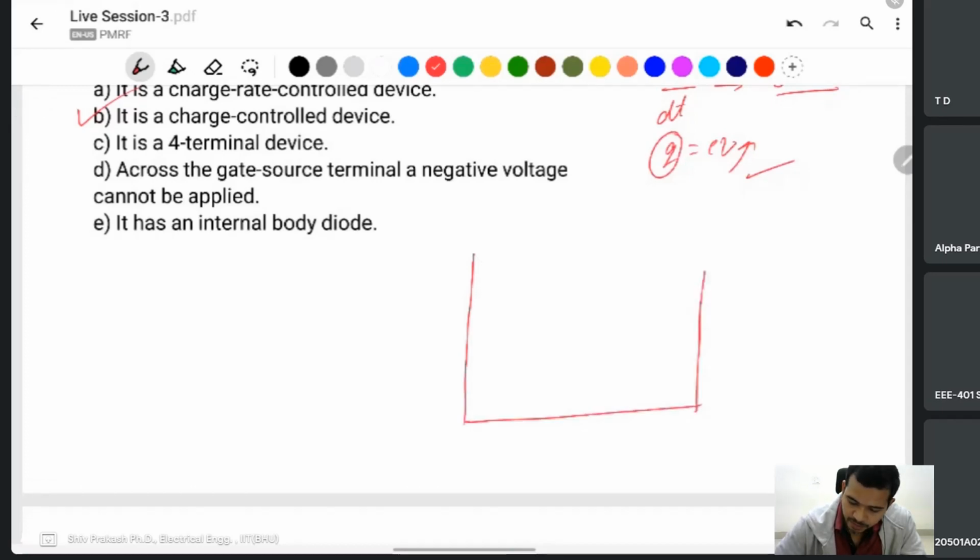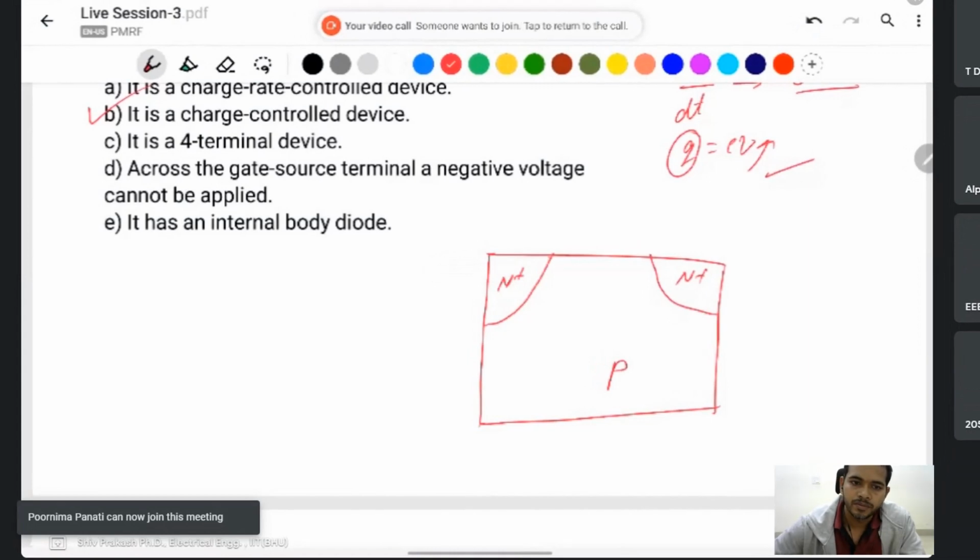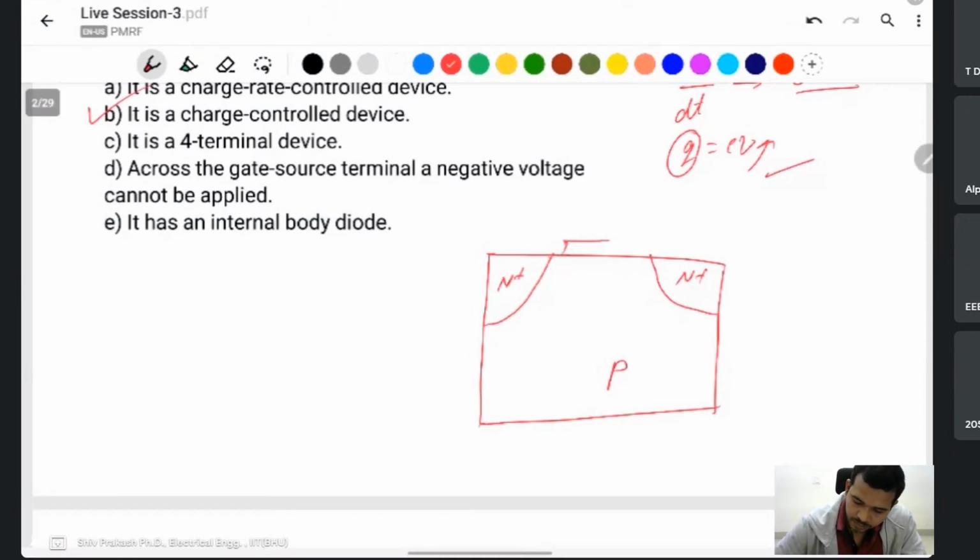Now, the simple structure of MOSFET. This one is the SiO2 layer, and this one is the source.